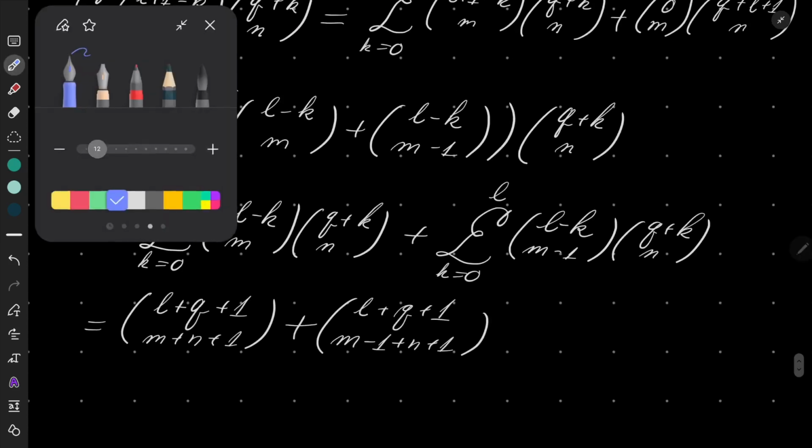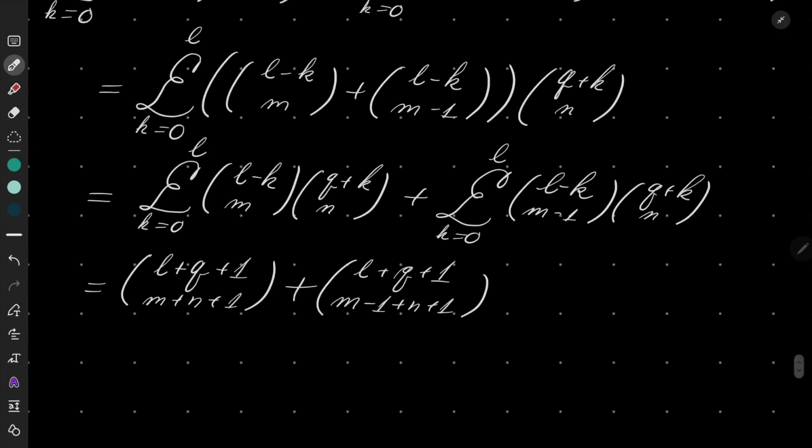And the final part, again, by recursion for binomial coefficients, these two symbols have the same upper index and lower indices differ by 1. So it's L plus q plus 1 plus 1 choose m plus n plus 1.